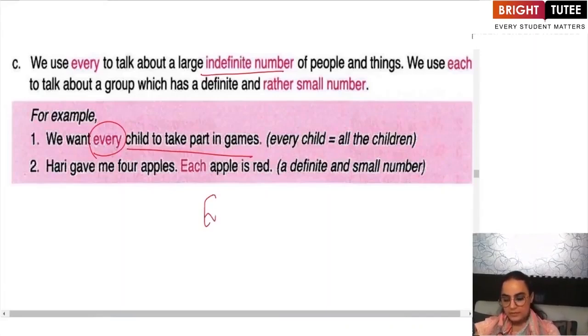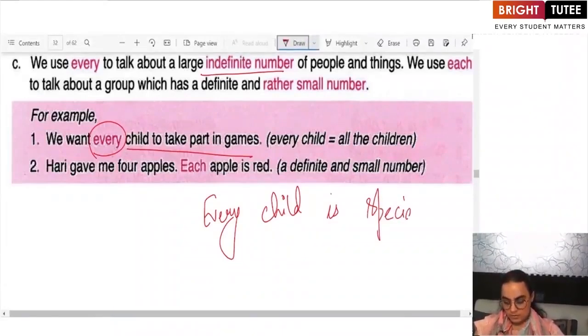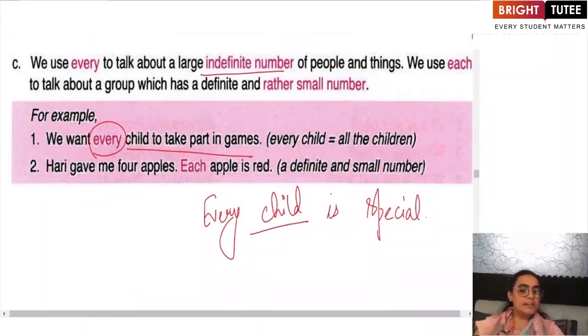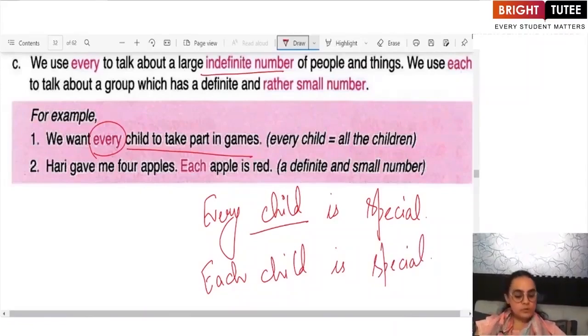Okay? If I say every child is special, now here, when I say every child, how many children in totality am I talking about? Is there any definite number that comes to your mind when I say every child is special? No. On the other hand, when I say each child is special, what comes to your mind?